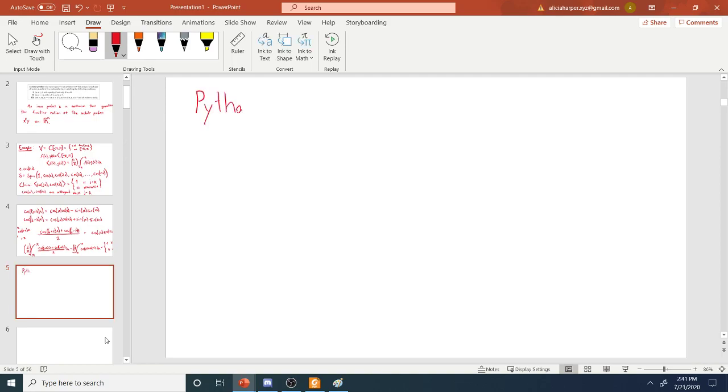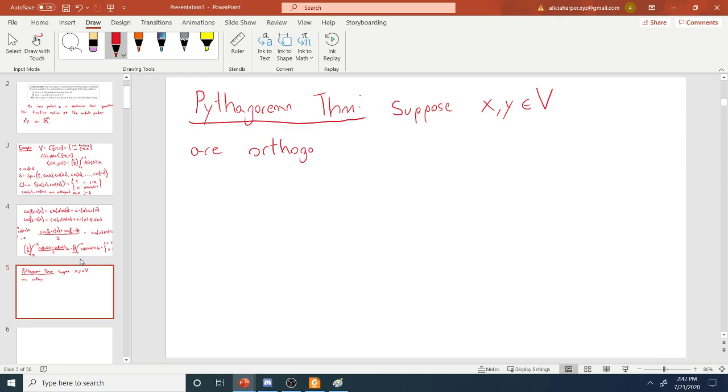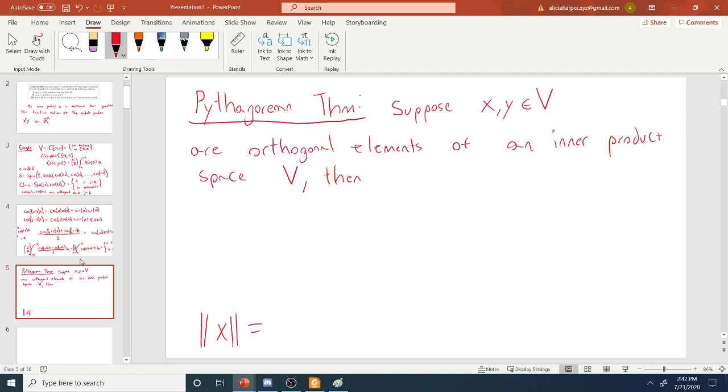the Pythagorean theorem. And so to recall the statement, suppose x and y are orthogonal elements of an inner product space V. Then recall that we defined the norm of x to be equal to the square root of the inner product of x with x.